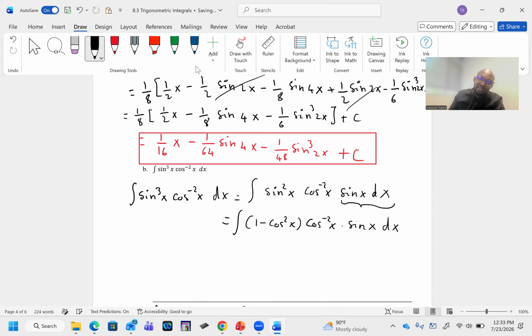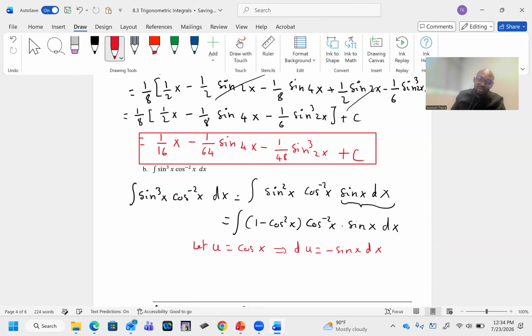You can see, I will just say let u be equal to cosine of x, right? Then du will just be what? Negative sine x dx.